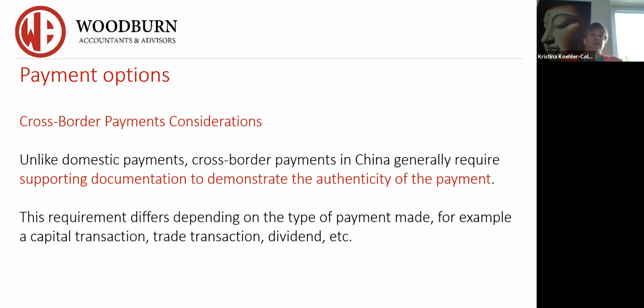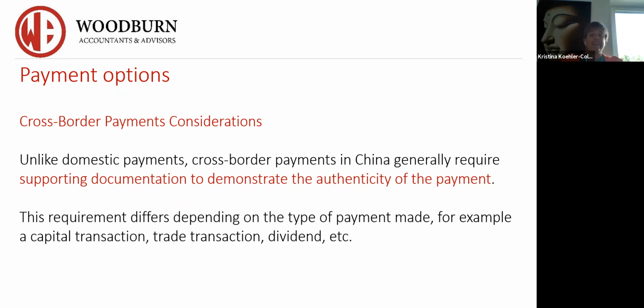So for example, if you're bringing your registered capital into the capital account, you've got to prove that it is registered capital. If you are doing a trade transaction, let's say you have a UK supplier selling goods to your entity in China, and you've got to eventually pay that UK supplier.